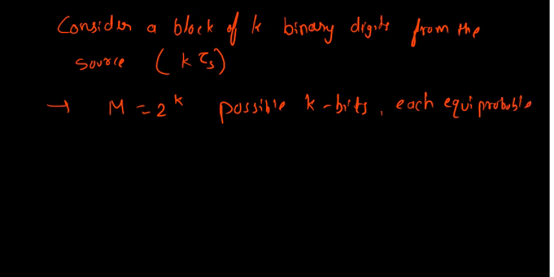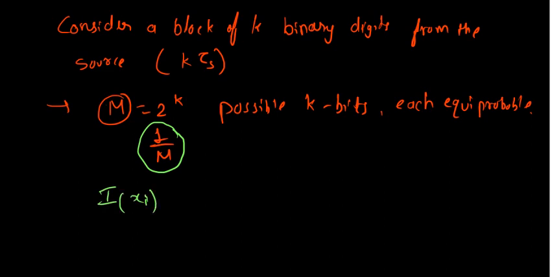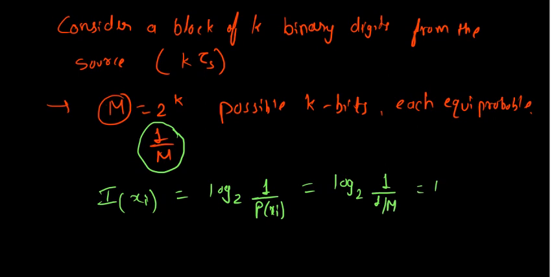What will be the probability of each? It will be 1 by M, because in total we have M symbols and they are equiprobable. So what is the information attached in this case? The self information is given by log to the base 2 of 1 upon p of xi, or minus log to the base 2 of p of xi. And p of xi equals 1 by M, so this is nothing but log to the base 2 of M, and we can substitute M as 2 raised to k.